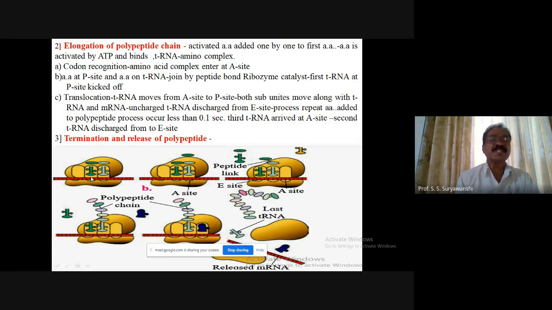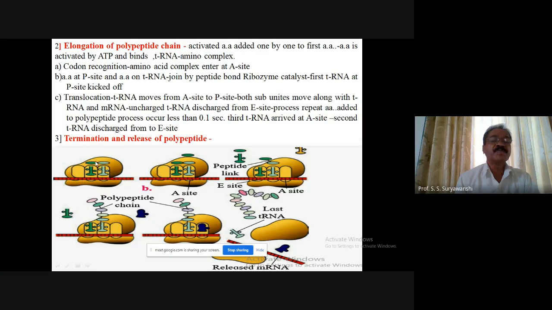The amino acid at the P site, and the amino acid on the tRNA join, forming a peptide bond. That is because of the enzyme, a ribozyme, which acts as a catalyst. And the first tRNA at the P site is now kicked off, that means it goes to the E site.